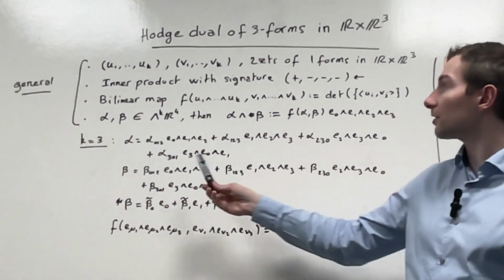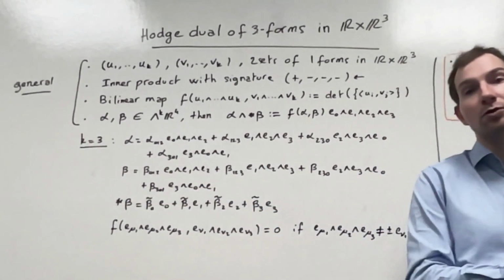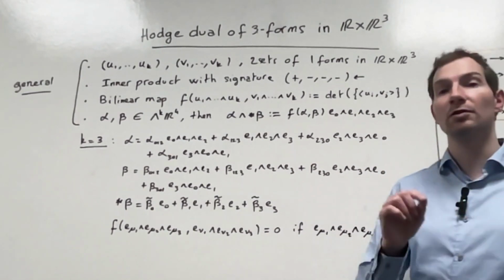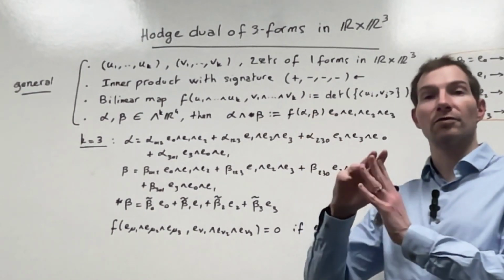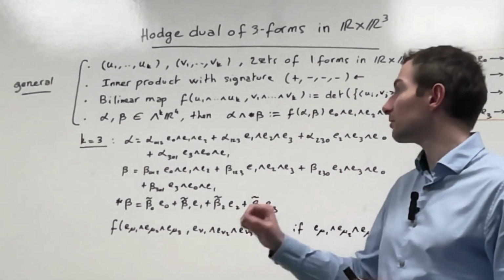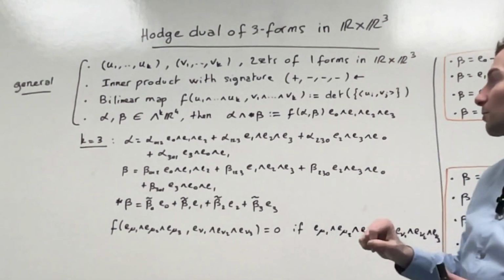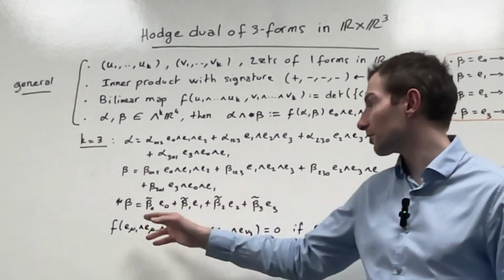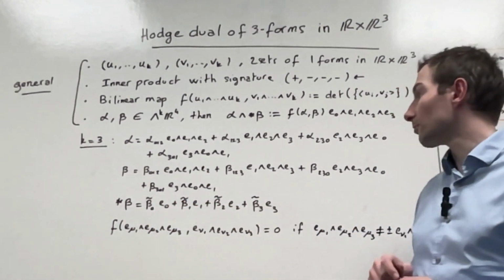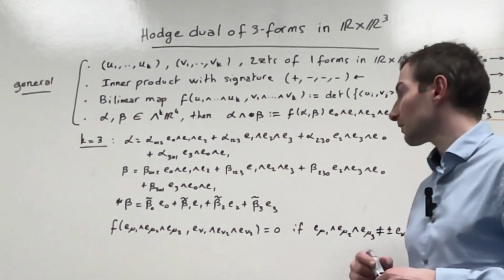And again, we need to do that for alpha, beta, and for the Hodge dual as well, which, by definition, has to be of a degree which is n, the total dimension of space, minus k. So here that's going to be 4 minus 3, which is 1. And so we are dealing with a one form or one vector here.